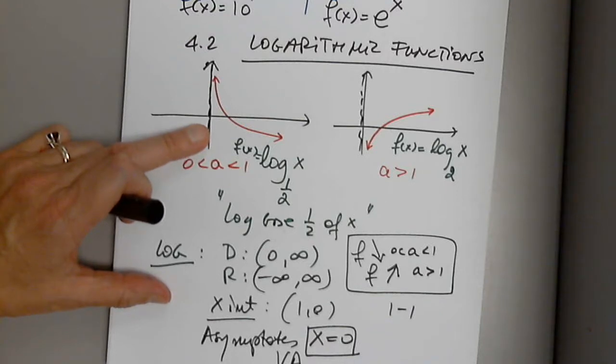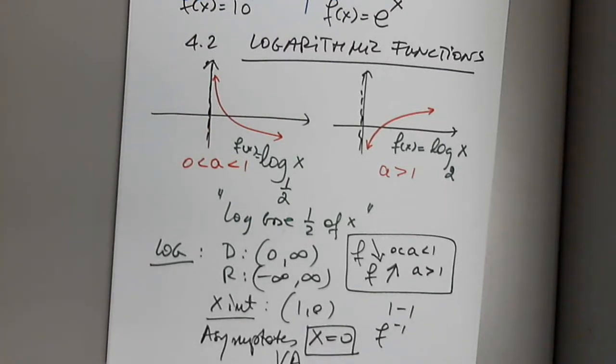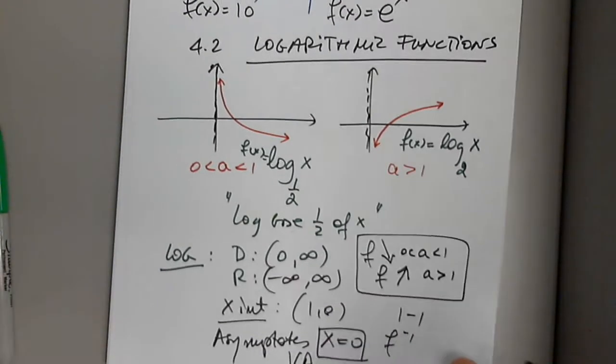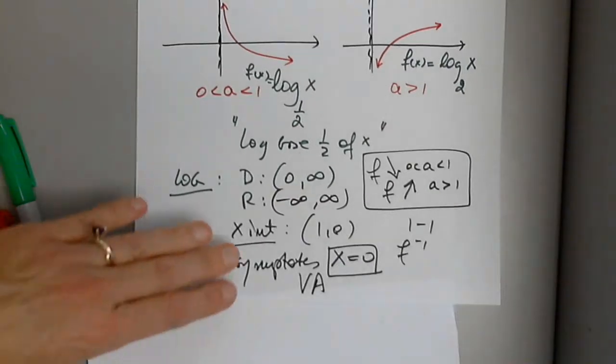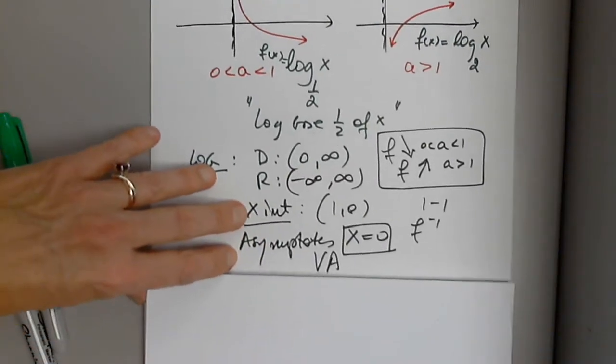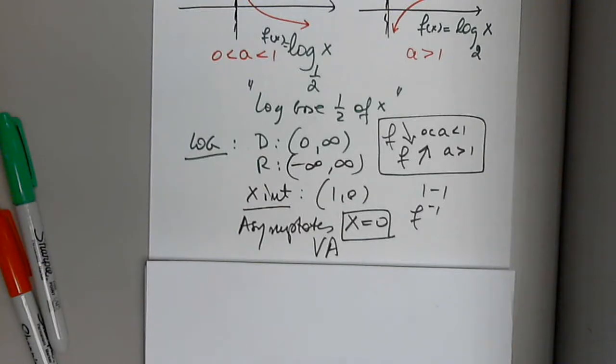Doesn't have an inverse. Yes. Of course it has an inverse. We already graphed the inverse half an hour ago. Okay. Now you should say, and I'm sure you're thinking it, but you're not saying it, show me that this function is the inverse of the exponential. You haven't shown that, and I haven't yet.